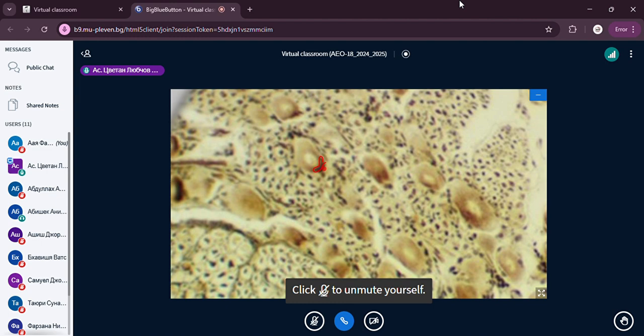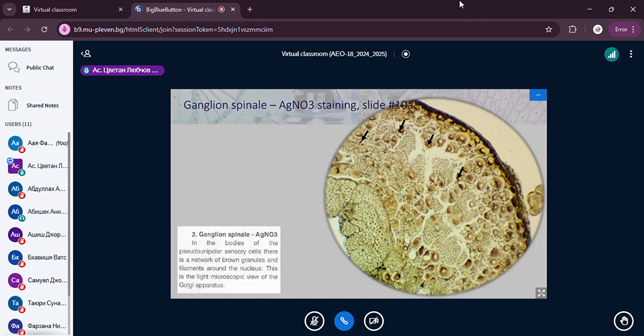In this dark structure here, also here, and this one here, we're going to see the Golgi apparatus. So by staining the neurons with silver impregnation, we are able to see the location of the Golgi apparatus within the cell.